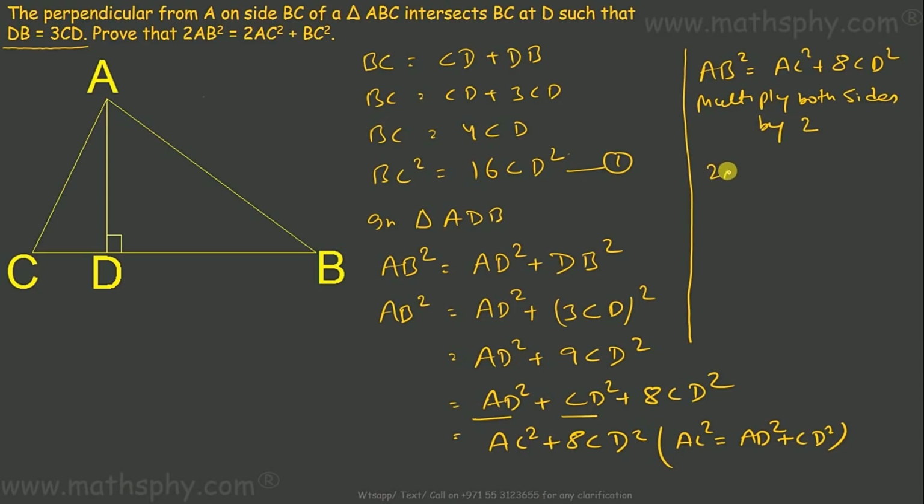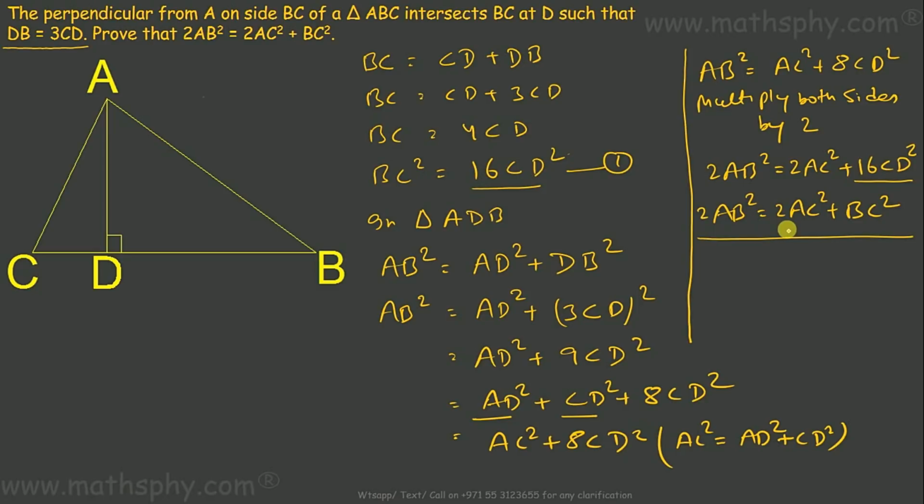So this will be 2AB square, and this will be 2AC square plus 16CD square, since 8CD square multiplied by 2 gives you 16CD square. This is now 2AB square equals 2AC square plus 16CD square, which is BC square. Now I have proved 2AB square is equal to 2AC square plus BC square.